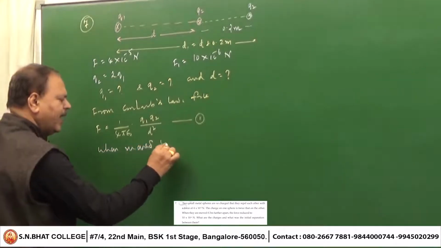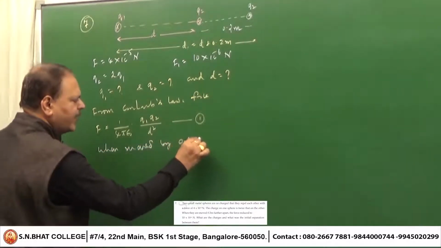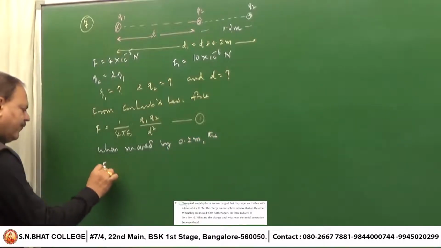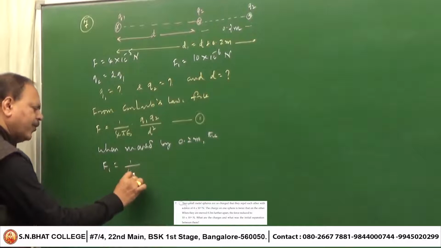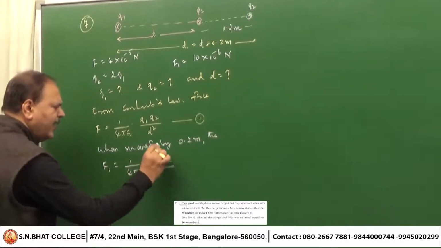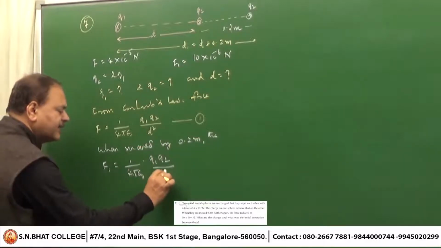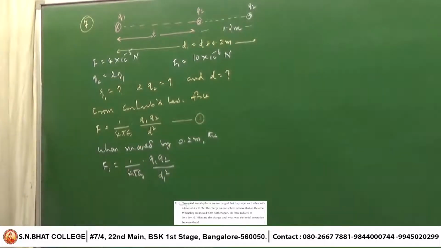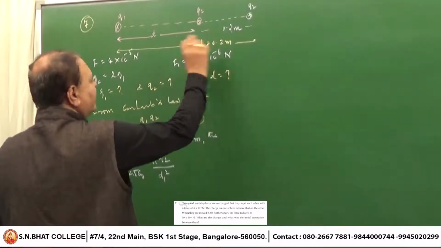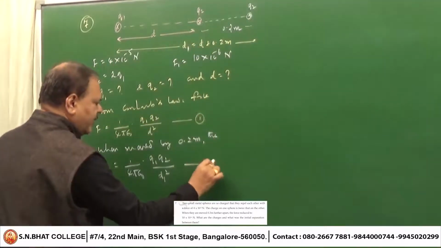When moved by 0.2 meter, the force is F1 equal to 1 by 4 pi epsilon naught into Q1 Q2 by D1 square. It is not D. Now the new distance is D1. Remember that. This is equation number 2.